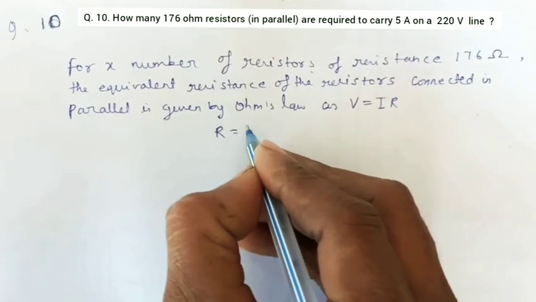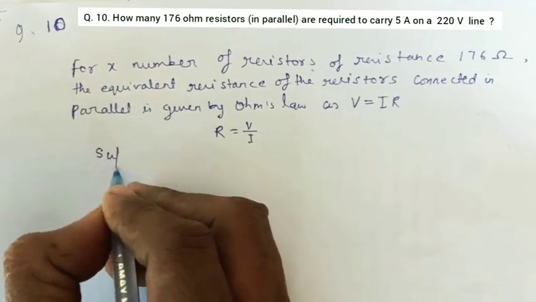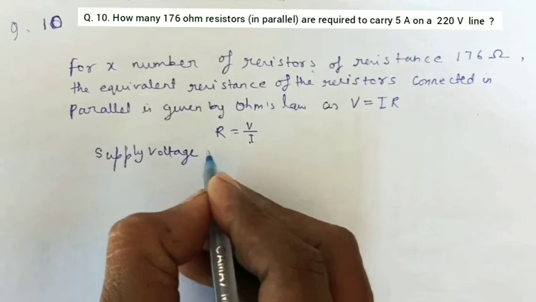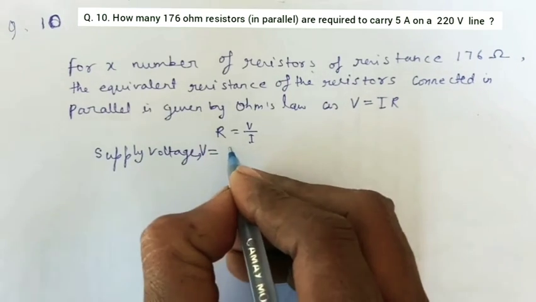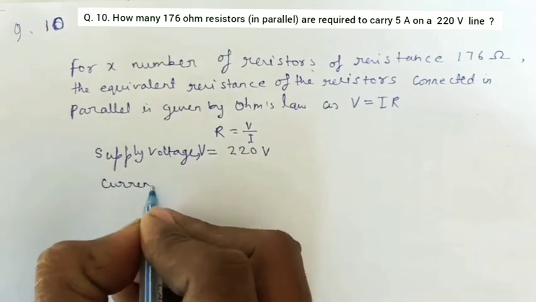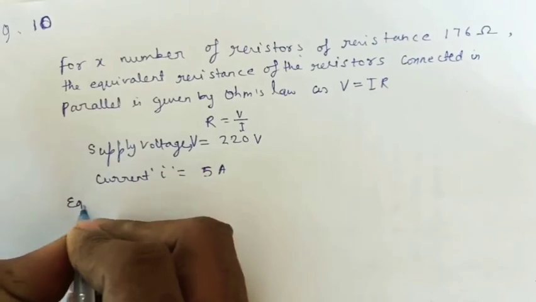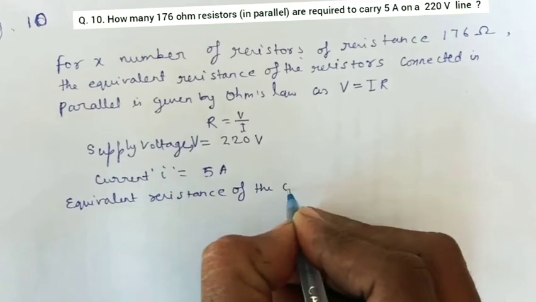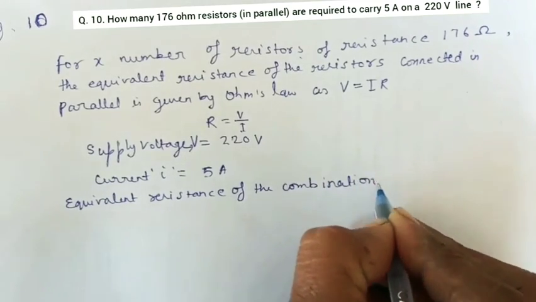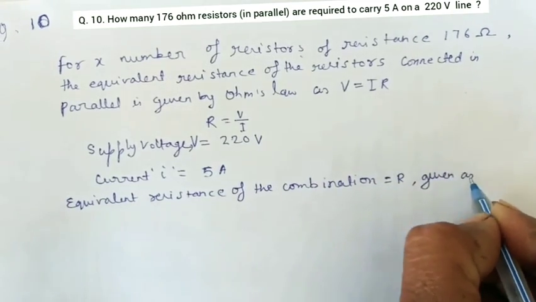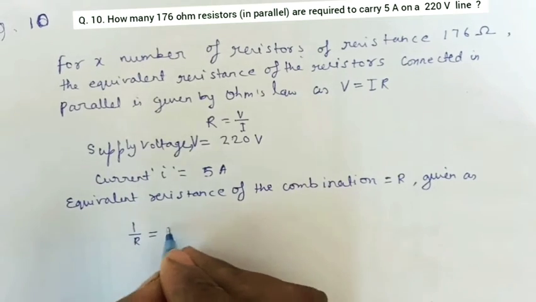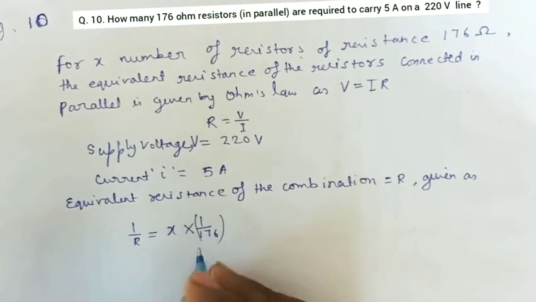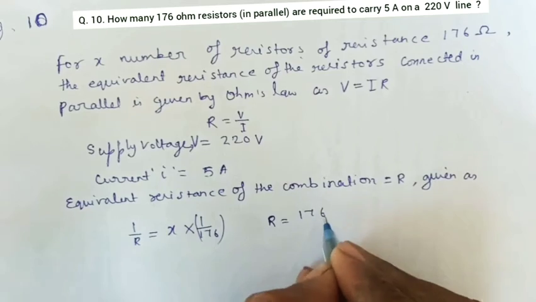R is equal to V by I. Supply voltage V is equal to 220 volt. Current I is equal to 5 ampere. Equivalent resistance of the combination is equal to R, given as 1 by R is equal to X into 1 by 176. R is equal to 176 upon X.